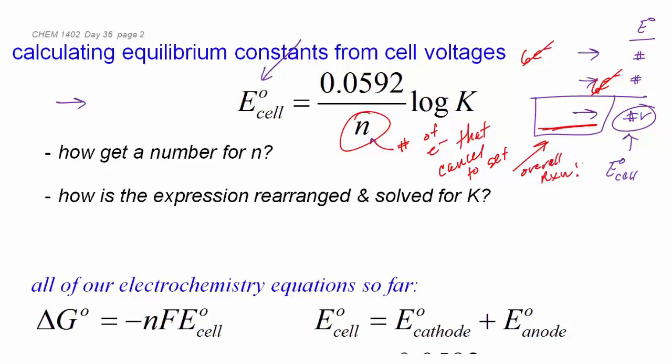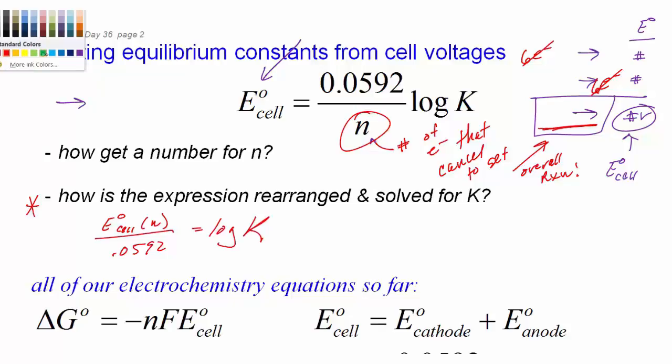Okay? So let's do a little math here. Let's see if we can rearrange this expression to get K. So let's bring the n and the 0.0592 over first. So the E0 cell times n, divided by 0.0592 equals log of K. Now, what's the inverse function of log?